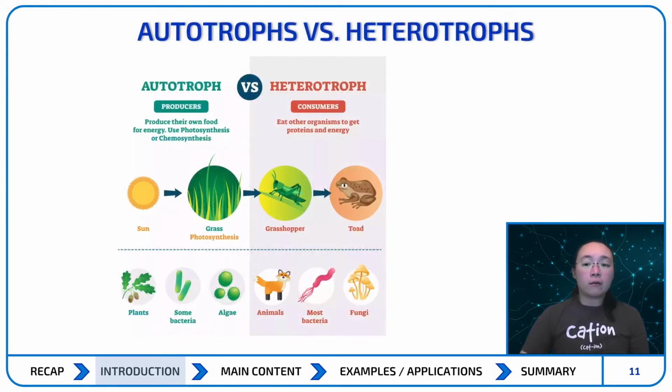So here's a nice diagram highlighting the differences between autotrophs and heterotrophs, and what sorts of living organisms belong to each. Most importantly, I want us to focus on two that we didn't mention, bacteria and fungi, which are classified as heterotrophs. Now, maybe it'd be interesting to see if there are any exceptions to these, because sometimes there are some bacteria that can also act as autotrophs depending on their environments.